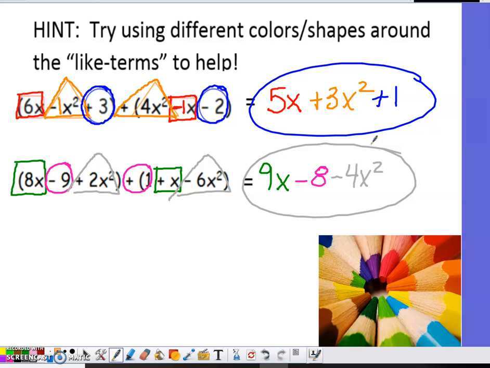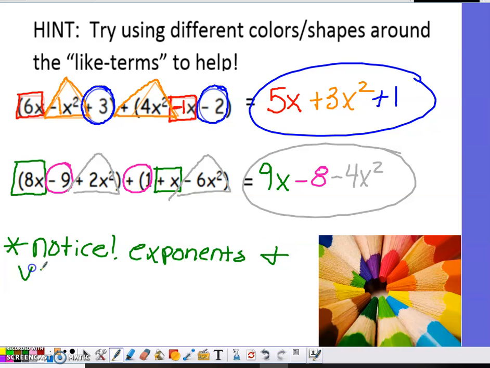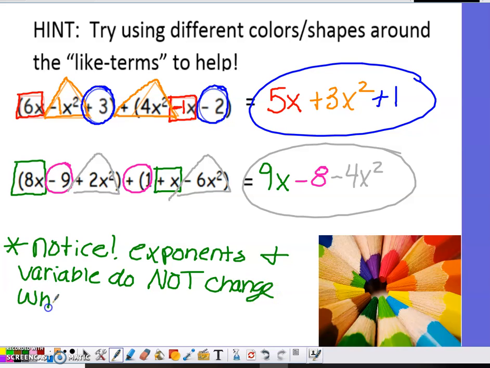One thing to notice, and I would probably write this down because I see this happen too often on homework and assessments, I would write: notice, exponents and variables do not change when combining like terms.